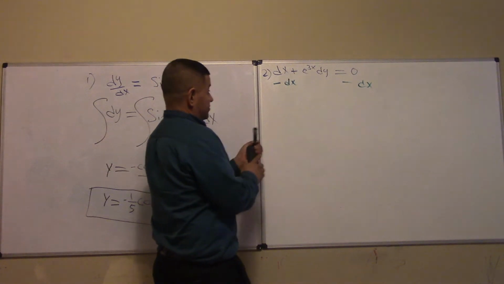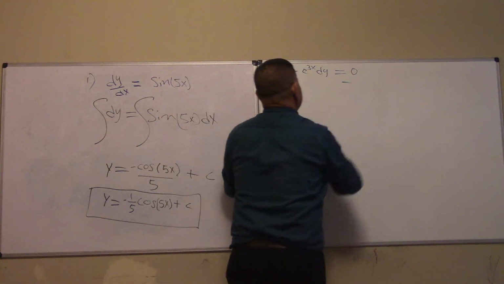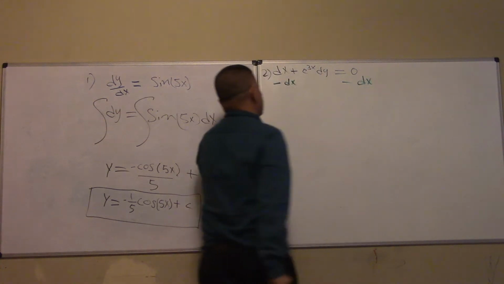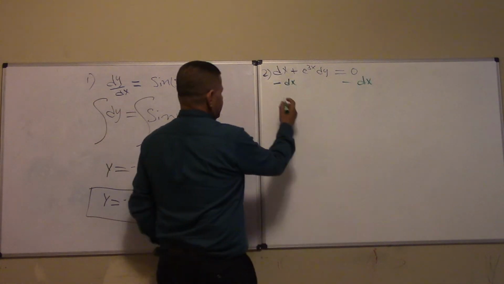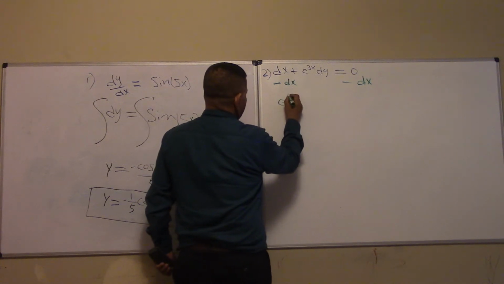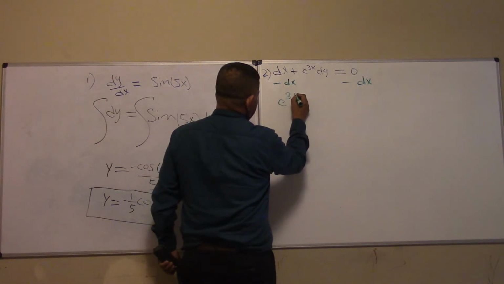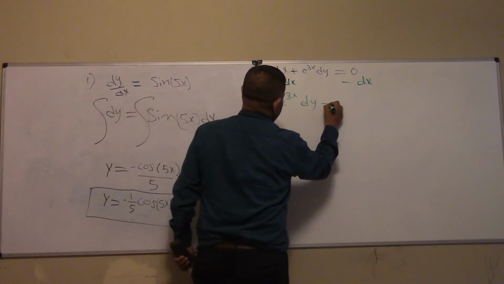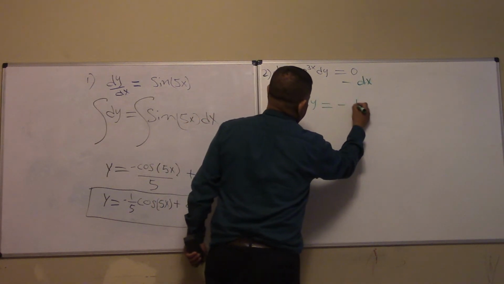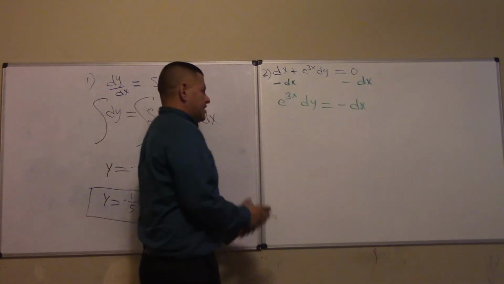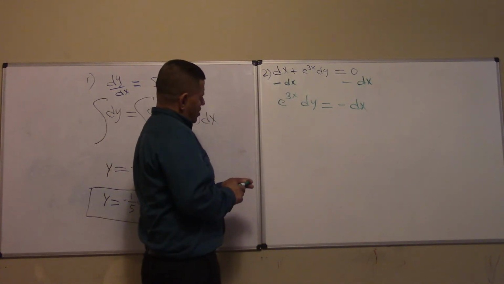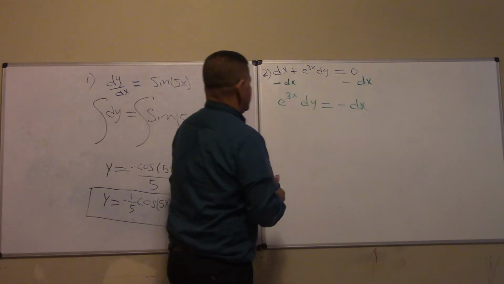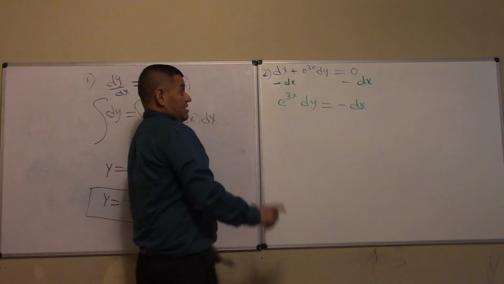So, subtract dx. Now I have e to the 3x dy equal to negative dx, right? The next step is going to be to divide.